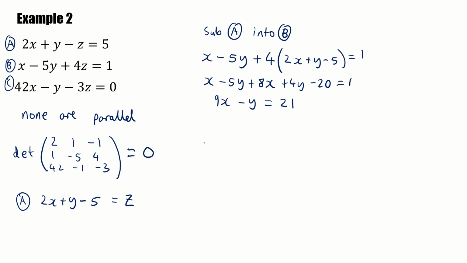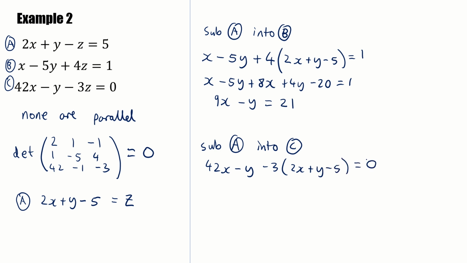And then I'm going to do the same thing with the other one, so I'm going to sub a into c, and therefore we'll have 42x minus y minus 3 lots of 2x plus y minus 5 equals, in this case, 0.